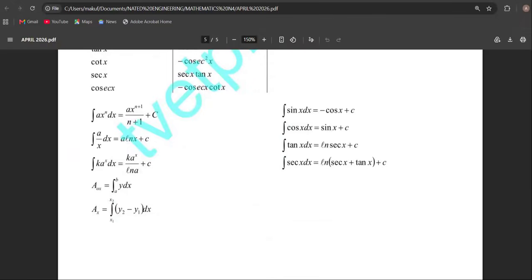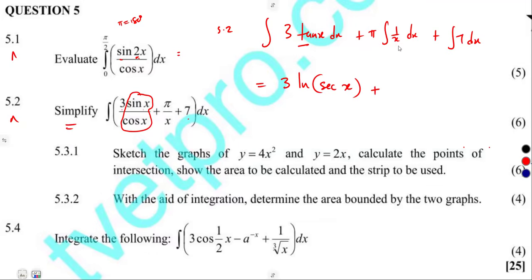They gave us here that a over x integrates to a ln x, so we have that one directly. That's pi ln x. Then 7 with respect to x: 7 is a constant, so the integral of a constant gives us 7x. Do not forget the constant of integration, just like that.